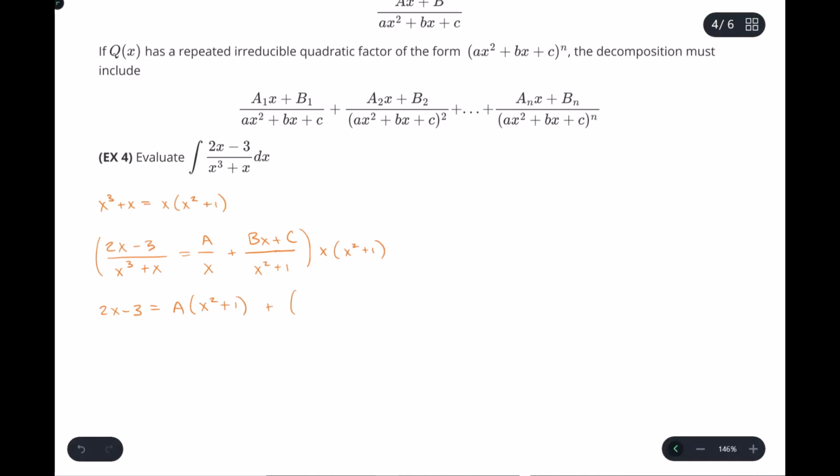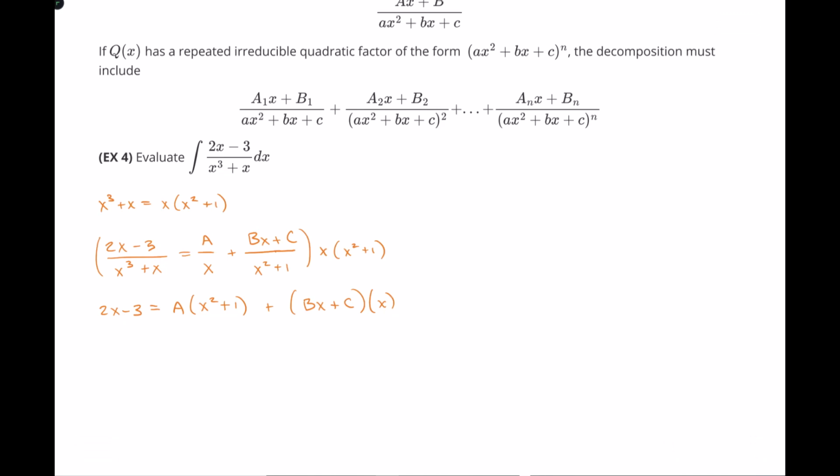And then the complete numerator, in parentheses, bx plus c, times the remaining factor in the denominator, x. Now it's important to use these parentheses because this x is going to distribute to both of these terms. And if you didn't do that, then you're going to end up with incorrect values when you solve that algebraically.